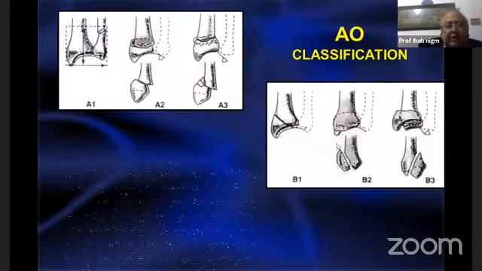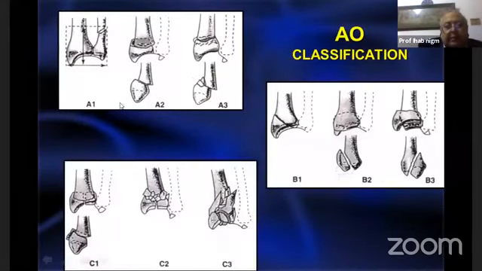AO classification, in type A, it is either A1 with fractured distal ulna, A2 is Colles type, extra-articular, A3 is Smith type, extra-articular. In type B, it is either type B1, styloid fracture, B2, dorsal Barton, B3, volar Barton.